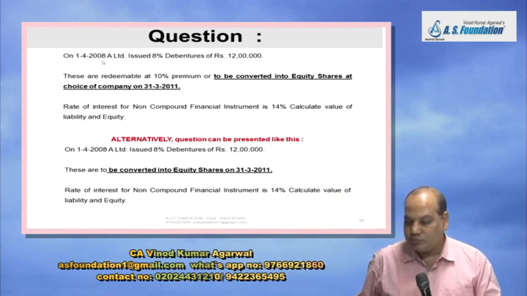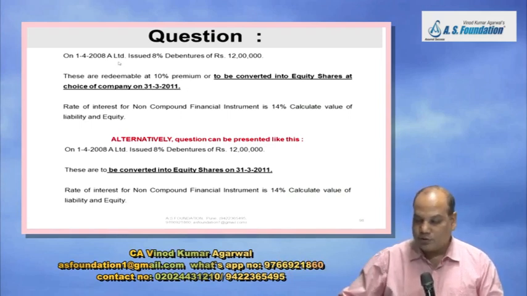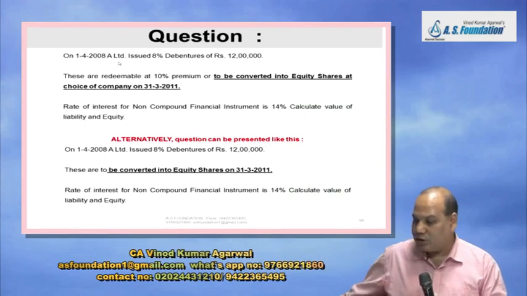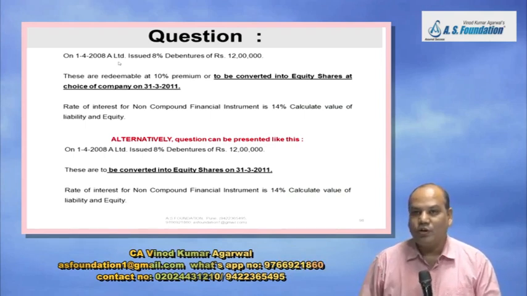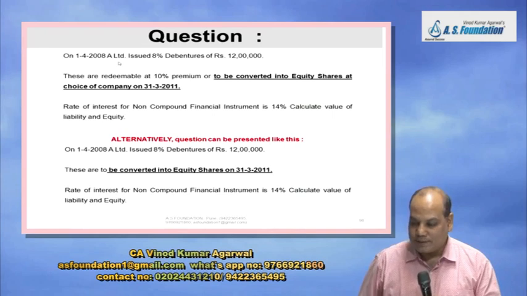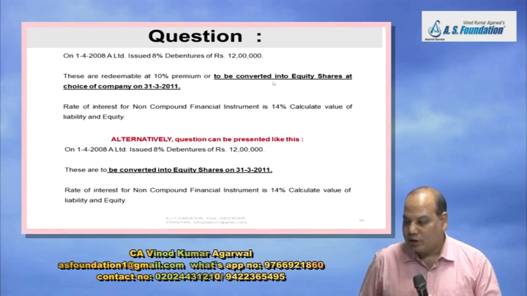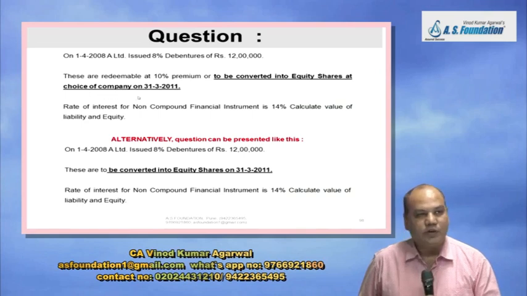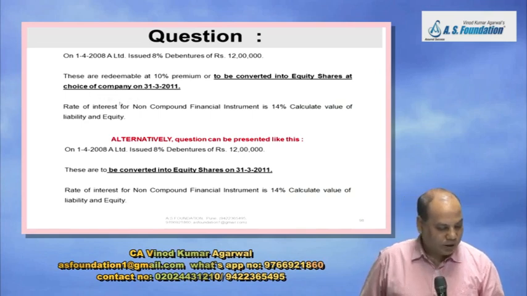Read the problem. On 1/4/2008, A Limited issued 8% debenture of rupees 12 lakh. These are redeemable at 10% premium or to be converted into equity share at the choice of the company. I have already underlined it for you.